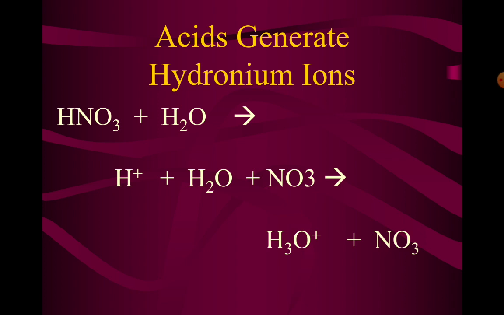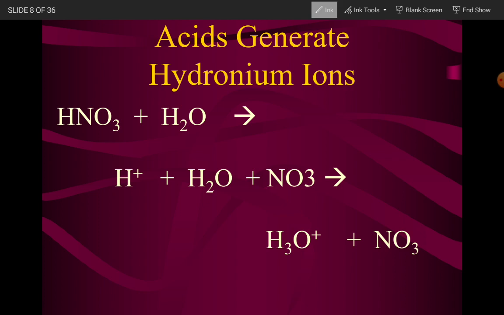Now, as I already told you that acids form H plus ions, whenever we take an acid, for example nitric acid, whose formula is HNO3, and react it with H2O, we get H plus ions along with water, and we get NO3. So H plus ions and H2O form together H3O plus and NO3 minus.